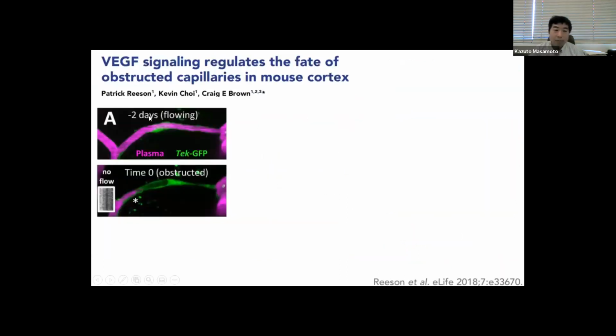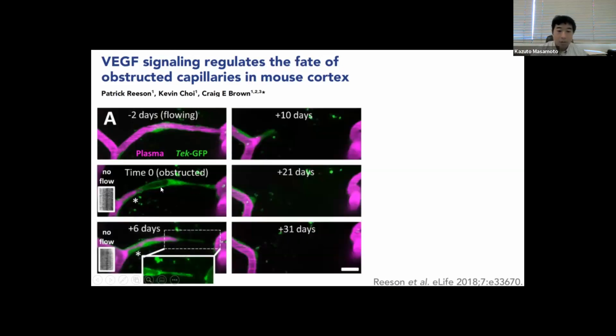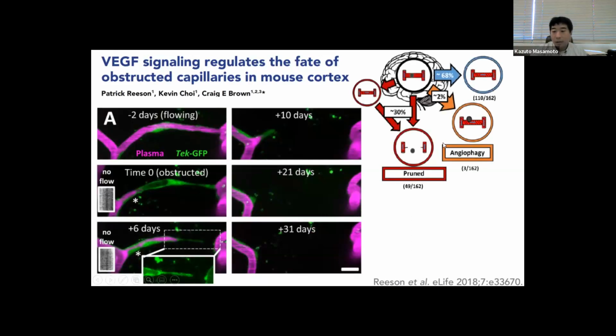And this also happens spontaneously. This is all an example of stroke, but this is in aging people. Spontaneously, capillaries sometimes shrink and get stacked, and this causes endothelial degradation in the later part, and this causes the number of capillaries to decrease.